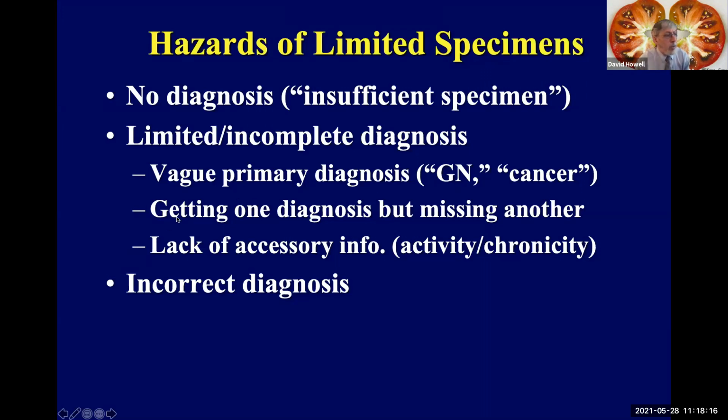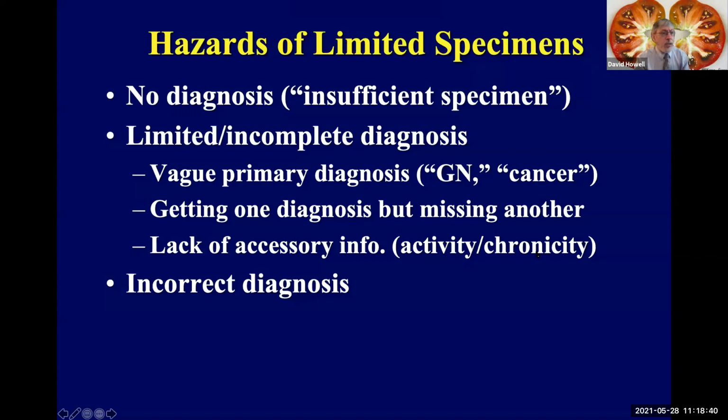Patients frequently have more than one thing going on in their biopsy, and sometimes you get one diagnosis, but particularly if the sample is limited, you can miss a second diagnosis. And finally, you may not be able to provide accessory information, particularly how much active disease is present and how much chronic disease is present. So active disease: necrosis, crescent formation, inflammation.